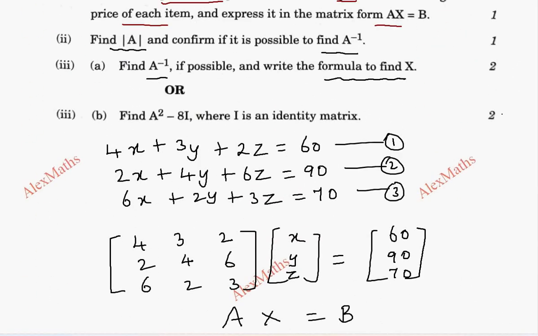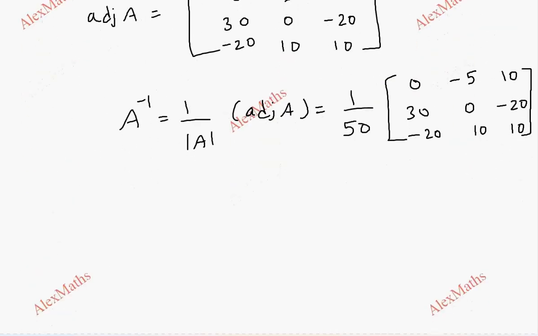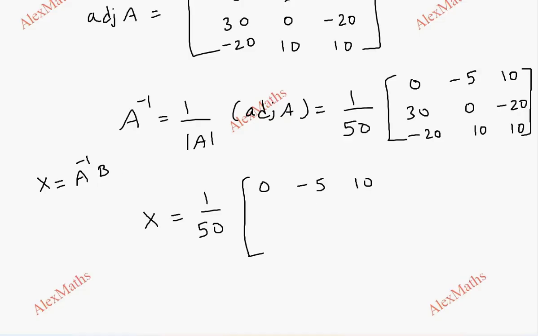So as per the question, you have to find the A inverse. Suppose if you want to verify whether this is correct, we can find the solution, that is x is 1 by 50 into A inverse into B, because the formula for x is A inverse into B. So 0, minus 5, 10, 30, 0, minus 20, minus 20, 10 and 10 again.